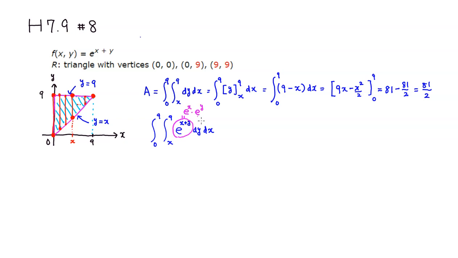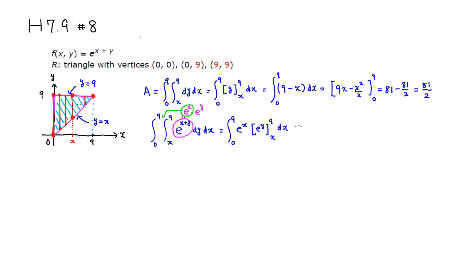Since we're integrating with respect to y, e to the x is a constant, so we can place it outside. So this is the integral from 0 to 9 of e to the x times the antiderivative e to the y, going from x to 9, dx.